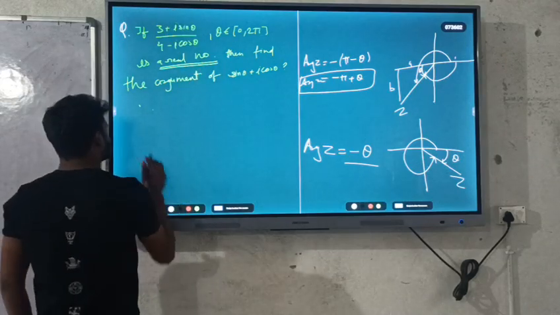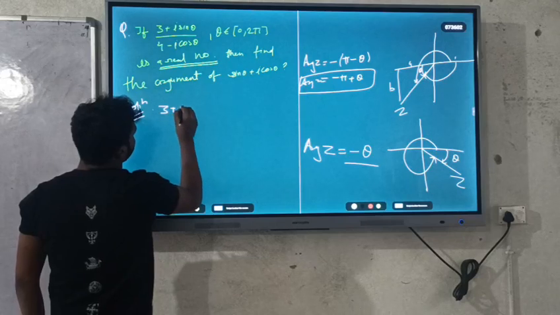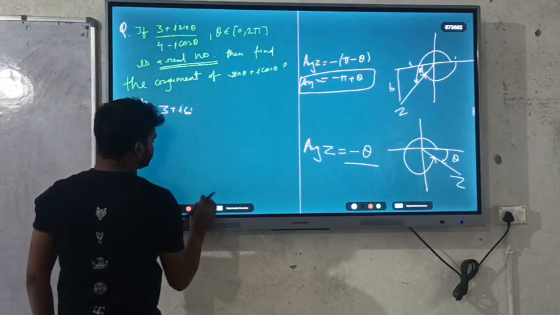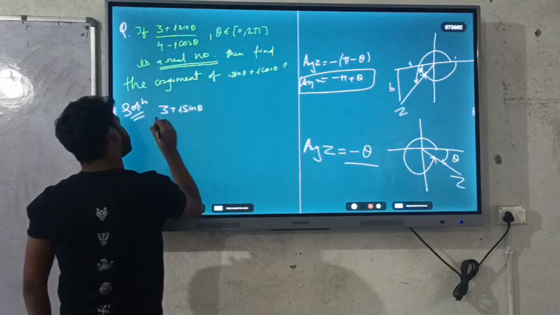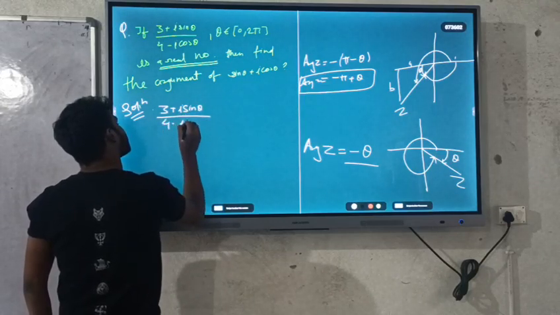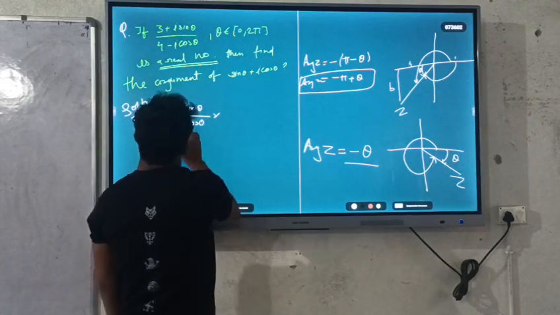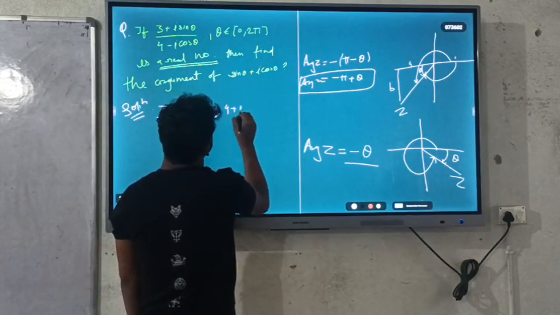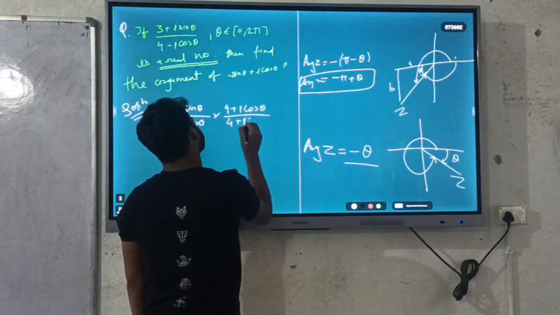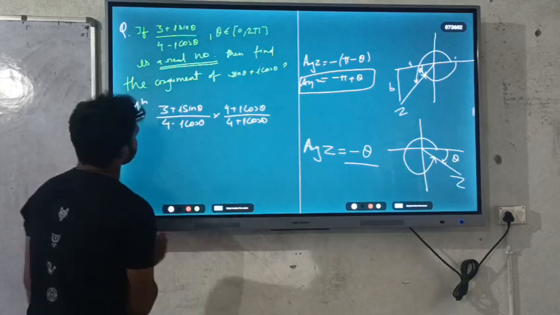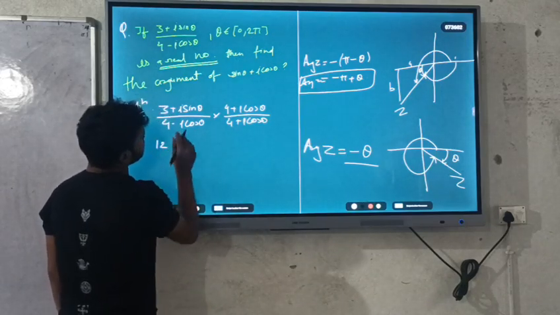So let's analyze it. Solve my expression. What we did, we just rationalized it by the conjugate. Multiply it, this becomes 12.